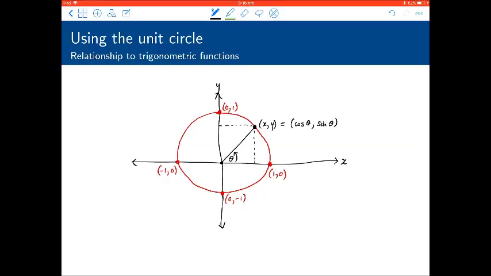So I can use this unit circle to calculate sine and cos of various common fractions of pi.